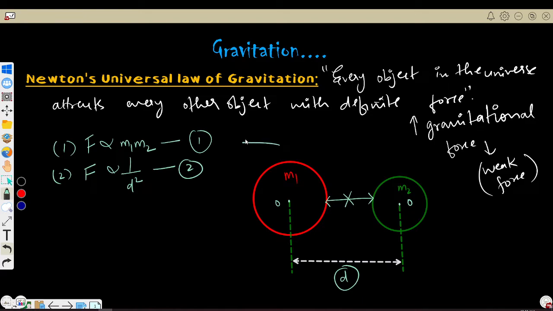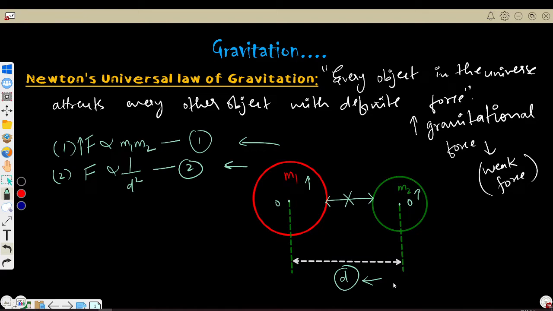So now look at the relations given by Newton. This force is directly proportional to the product of the masses m1 into m2, and the second relation is the attractive force, that is gravitational force, is inversely proportional to the square of the distance between them. Now if I increase the mass of the two bodies, the magnitude of this force will also increase because the relation is directly proportional, and the second relation is inversely proportional.